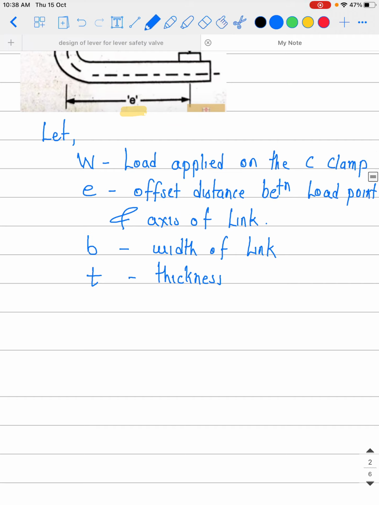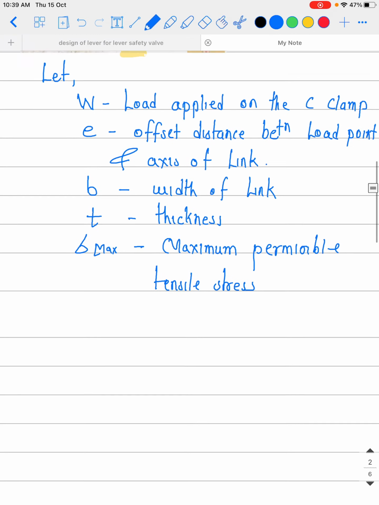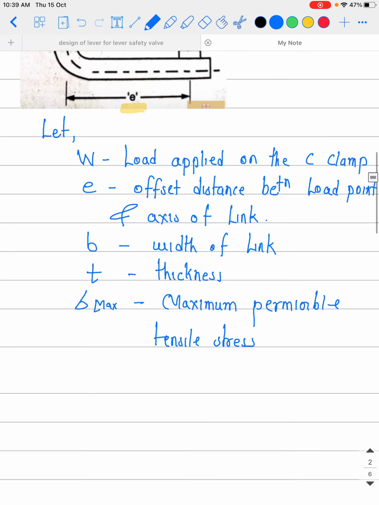And here we are assuming sigma max or sigma T is the maximum permissible tensile stress. Okay, so these are the assumptions we are making.